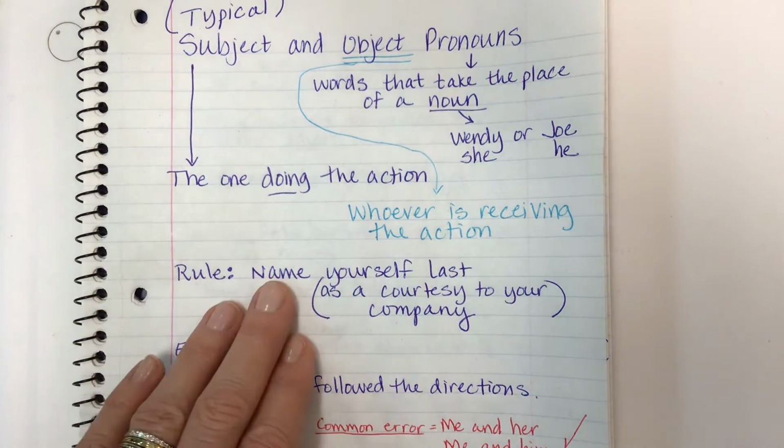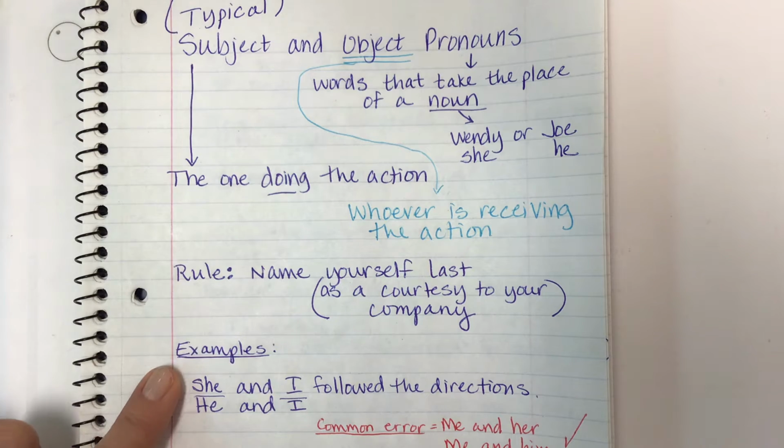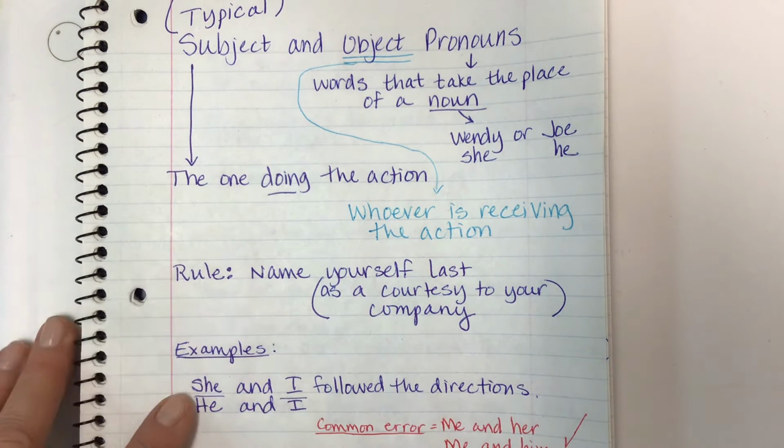Also, there's a rule: name yourself last. Why do you do that? It's a courtesy to your company, to elevate them in status and to say, you come first. It's just like opening the door for someone and saying, oh no, you first. That's just manners.